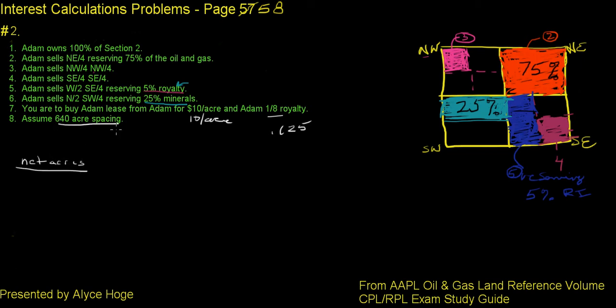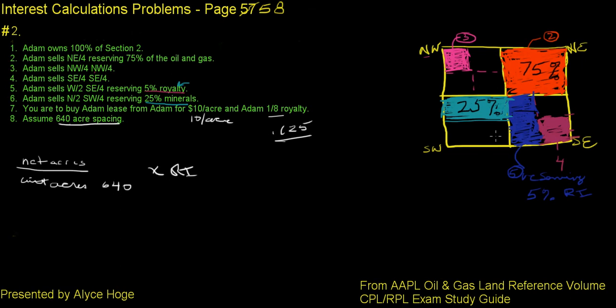So if it's a 640 acre unit spacing, that 640 tells us what is going to go on the bottom of this calculation, and that's going to be 640 acres. So that's why that information is relevant. And then you typically multiply that times the royalty interest, which in this case would be a 0.125. So let's now answer the questions that are provided on page 58.